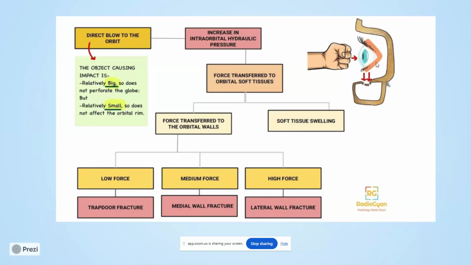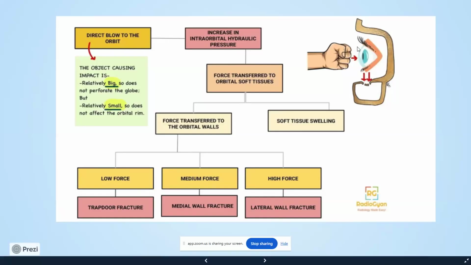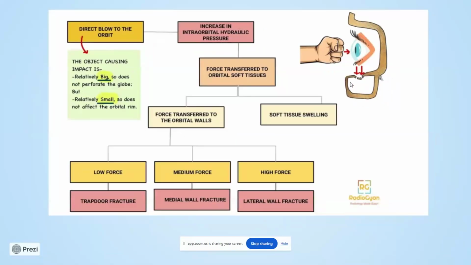That increases the intraorbital hydraulic pressure. This force is transferred to the orbital soft tissues, which is the orbital wall and the soft tissues. If it is a low force, it will only splay the inferior floor, but if it is a medium force, it will cause fracture of the medial wall and the floor, and will also cause soft tissue swelling and ecchymosis.